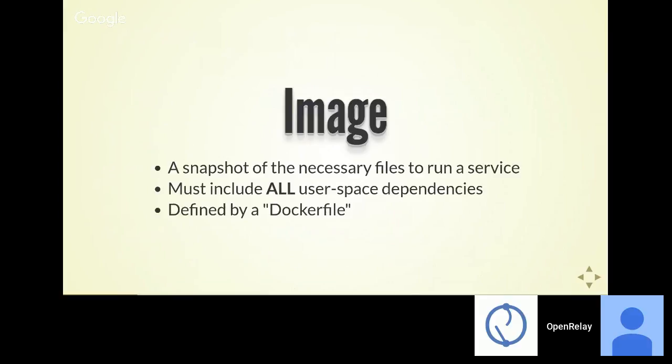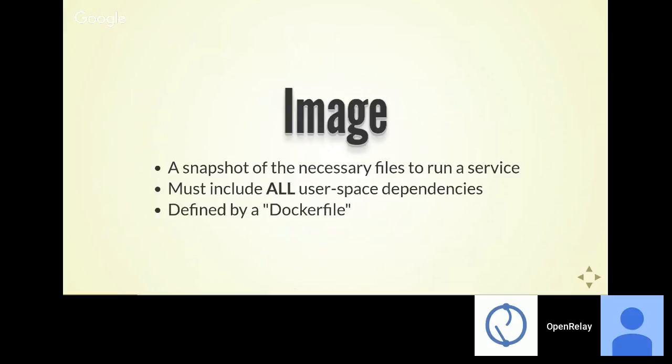It will include things like C shared libraries, Python shared libraries. It'll give you a bash shell, things like that, all the different things that you would conventionally have on an operating system. In order for a Docker service to run, that image must include all of the user space dependencies.